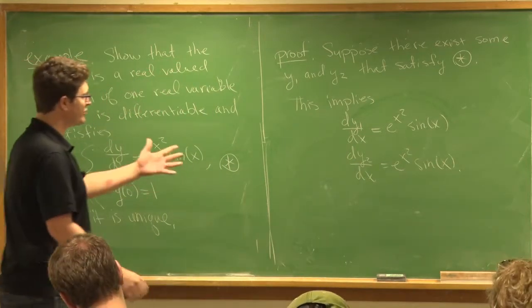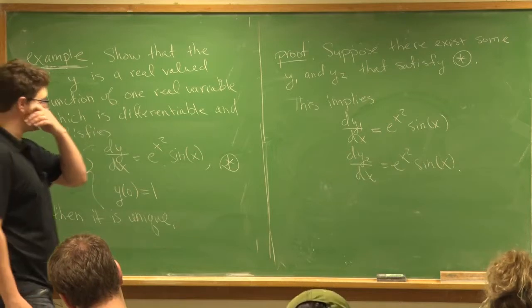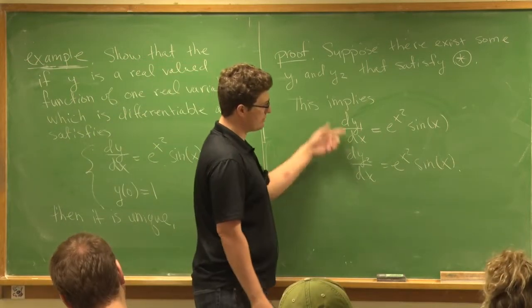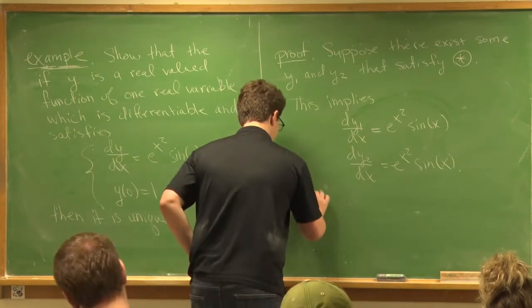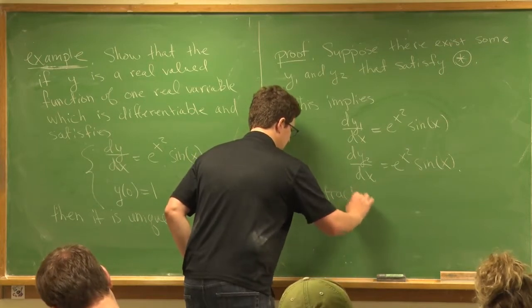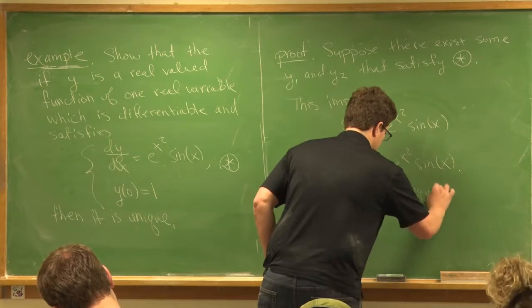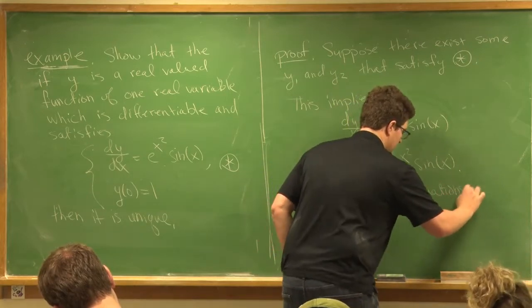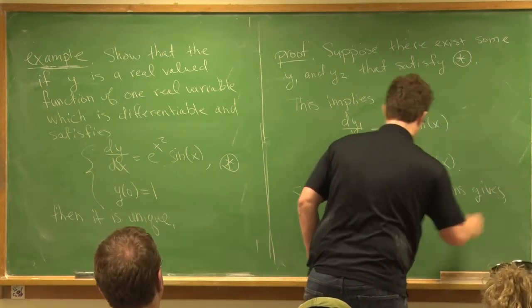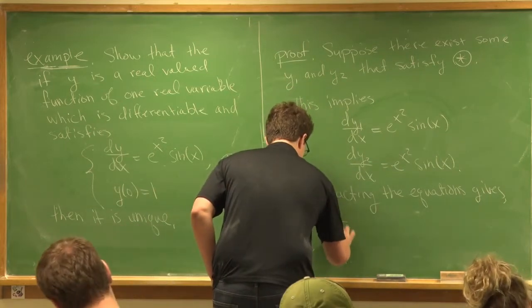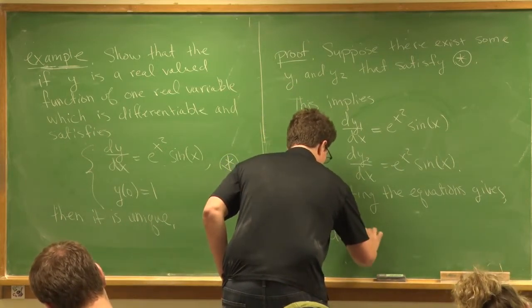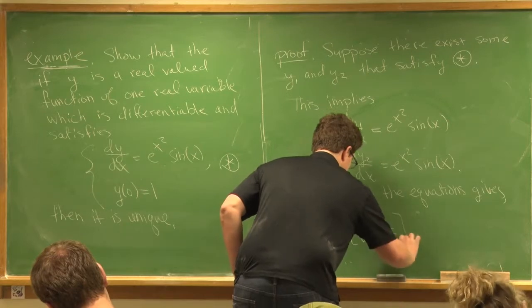So now I'm going to try and conclude that y1 and y2 are the same. What we can do is subtract these equations, which gives the following equation: d/dx of (y1 minus y2) is equal to 0.